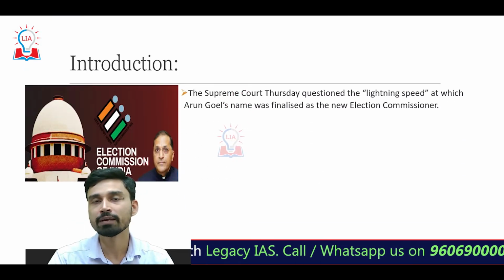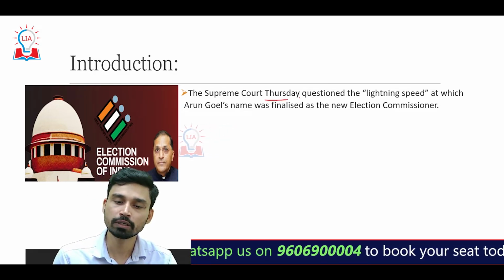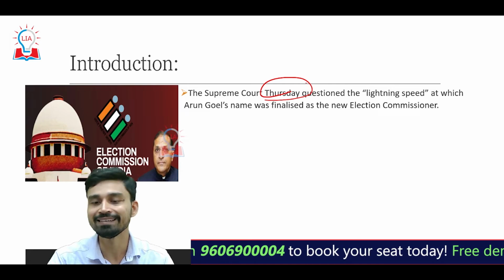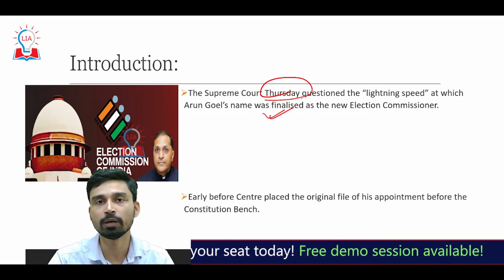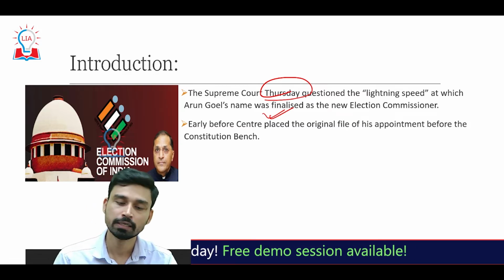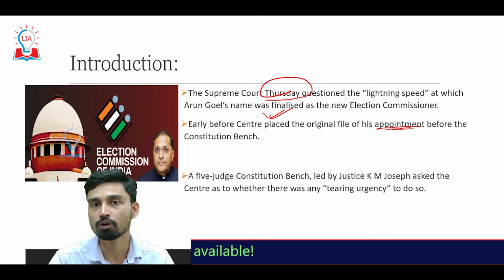So let us try to understand first of all the context of this particular video. The Supreme Court yesterday questioned the lightning speed at which Arun Goyal's name was finalized as the new election commissioner. Earlier, the central government placed the original file of his appointment before the Constitution bench.